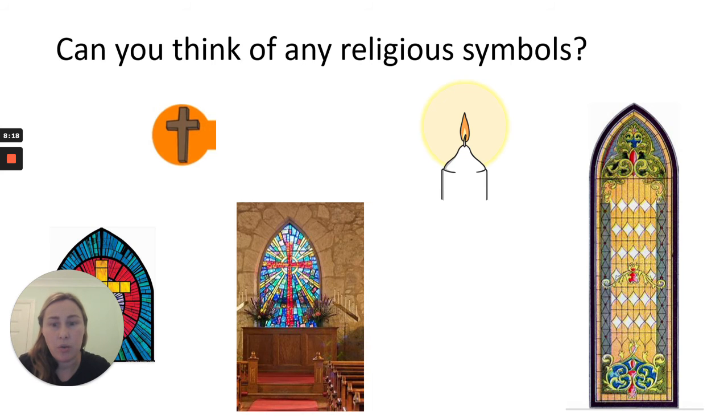So in the first two, can you see the different colours and shapes used to create the cross? And then next to the candle, look at the shapes used, the diamonds and the rectangles, all used to represent and make it appear that there is a candle in that window, and the different colours, the golden colours and the oranges and the reds and the yellows to represent different parts, and at the top it looks like there is a flame.